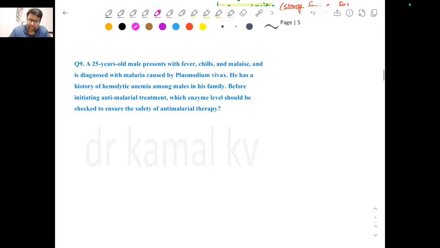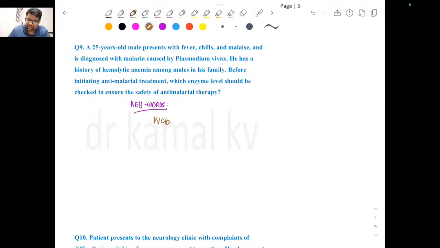Now here, if we just write the keywords, now this is a known case of, very good Priya, very good. So this is a known case of Plasmodium vivax malaria.